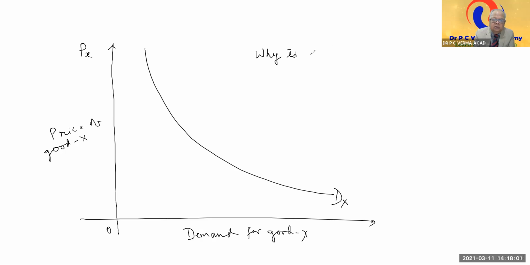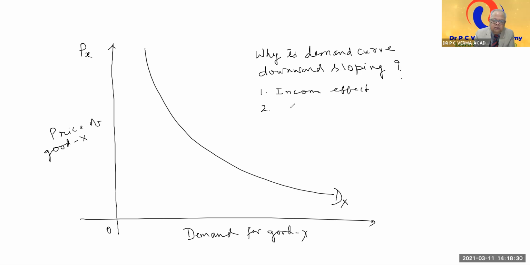Why is demand curve downward sloping? Number 1 point is income effect.